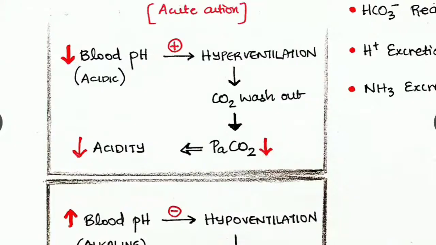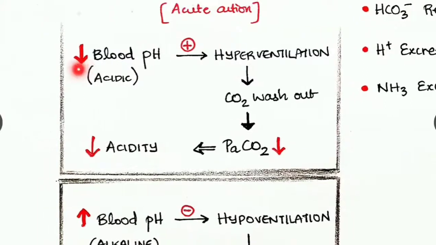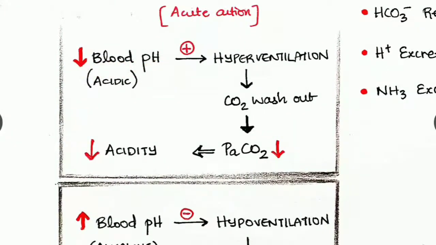As I have told you before, this carbon dioxide is acidic in nature. As a result of reduced partial pressure of carbon dioxide, the acidity decreases. This is the mechanism involved in the respiratory system following reduced blood pH or acidity in the blood.